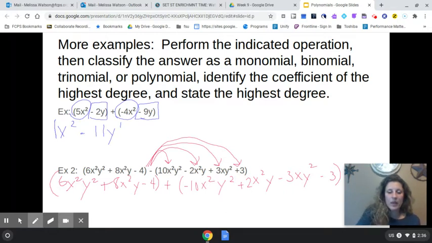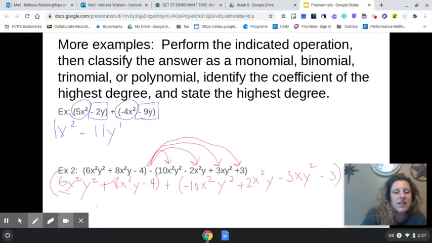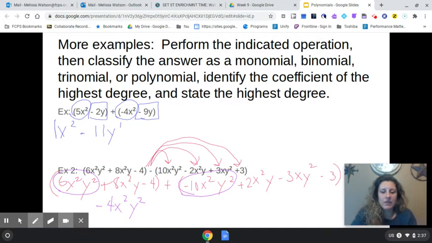Okay, now we're ready to combine some like terms, and I'm going to switch colors again just so that they're easier to see. So we have 6x squared y squared. We're adding on negative 10x squared y squared. That is going to give me negative 4x squared y squared. Looking at the next set of like terms, I have 8x squared y, and we're adding on 2x squared y.